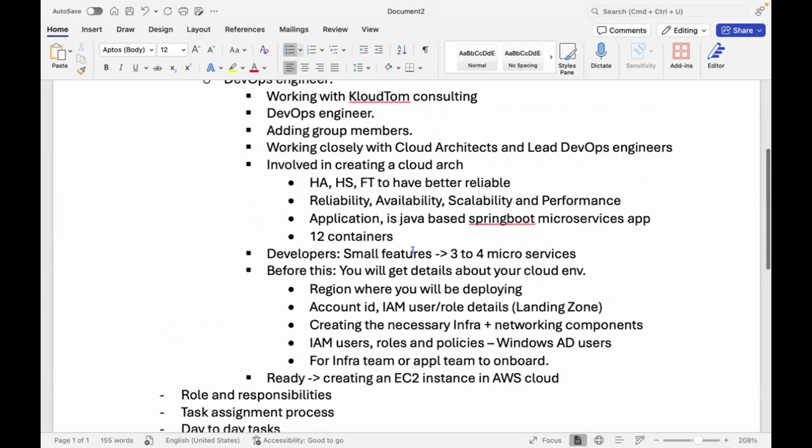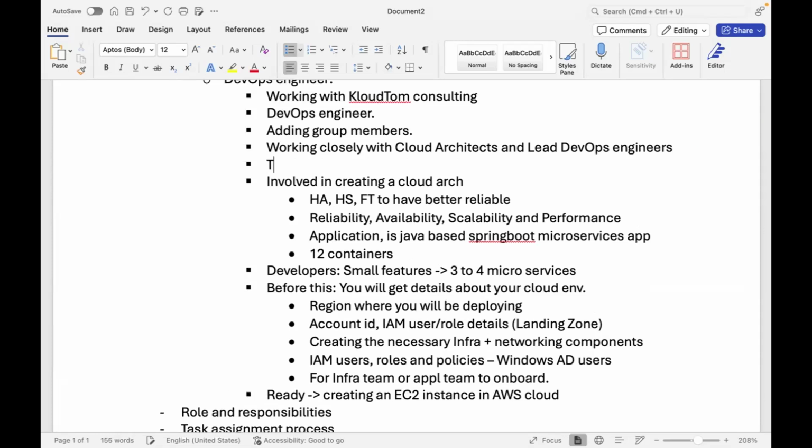So when you start, you should start with whom you closely work with. What are the different people in your team? Like the team consists of 4 DevOps, 2 DevOps, it depends on whatever you have.